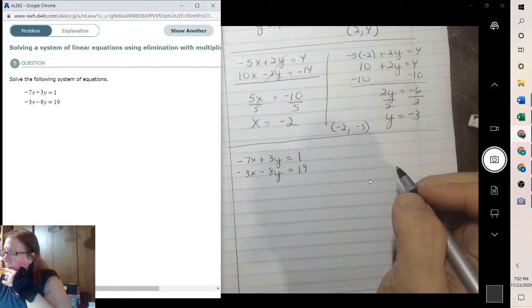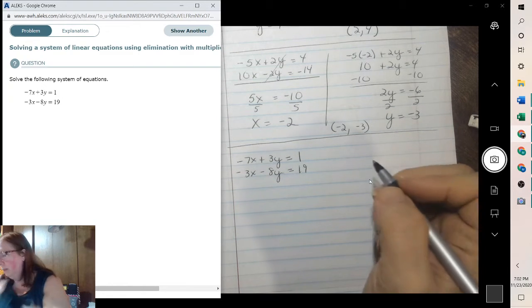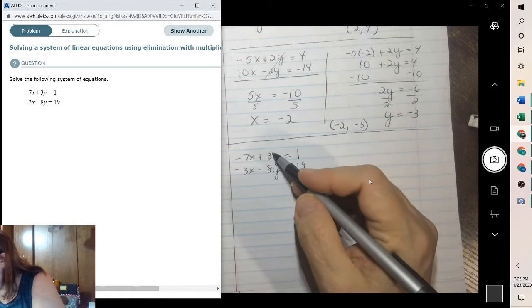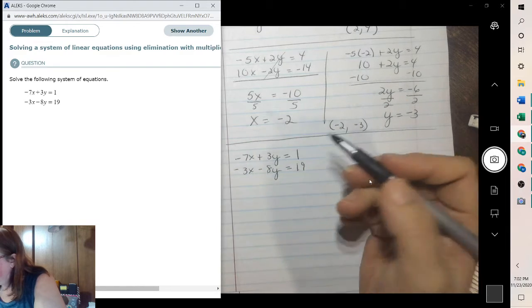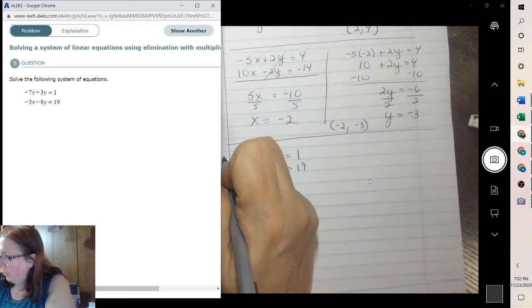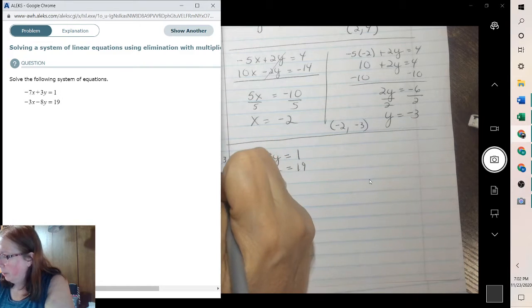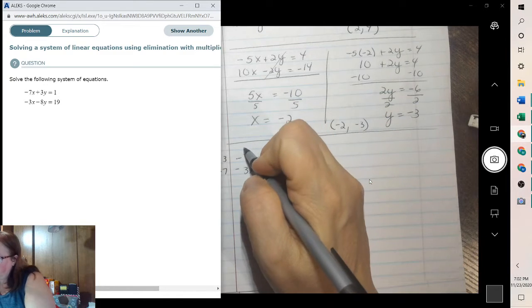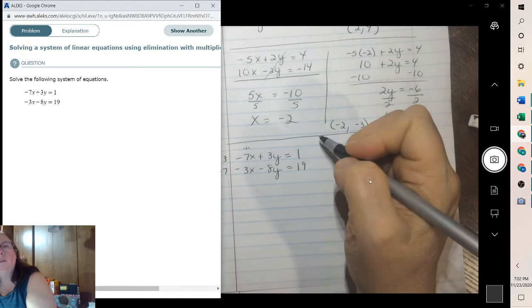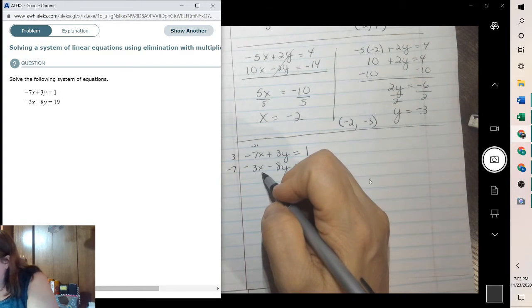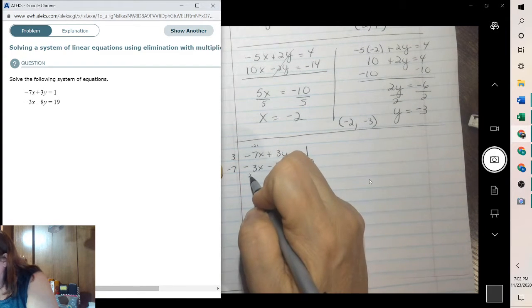Okay, on this one, notice there's no easy way about it, but this one has opposite signs. And this one, if we multiply the top by 3 and the bottom by a negative 7, notice 3 times negative 7 is a negative 21, and negative 7 times negative 3 is a positive 21.